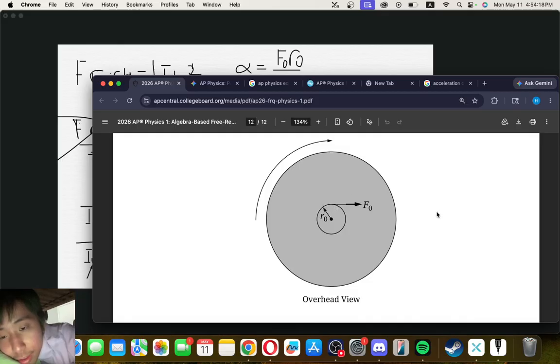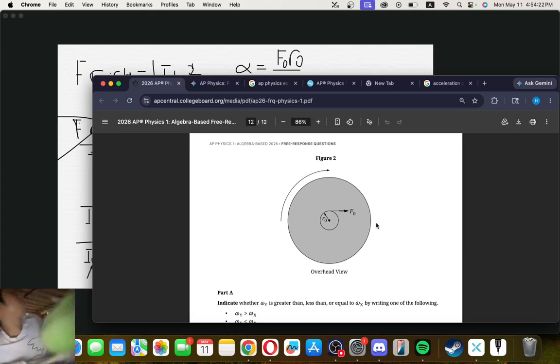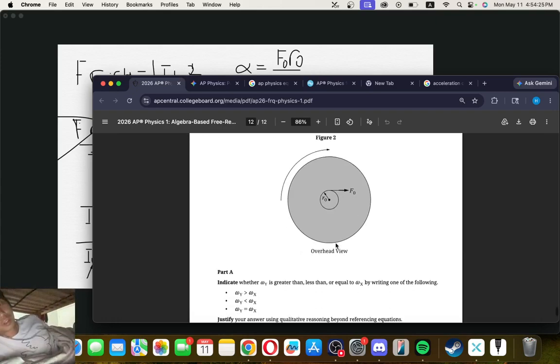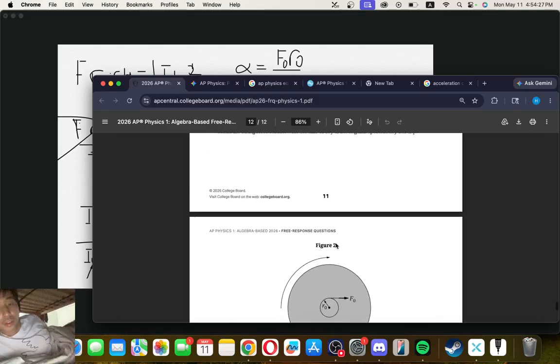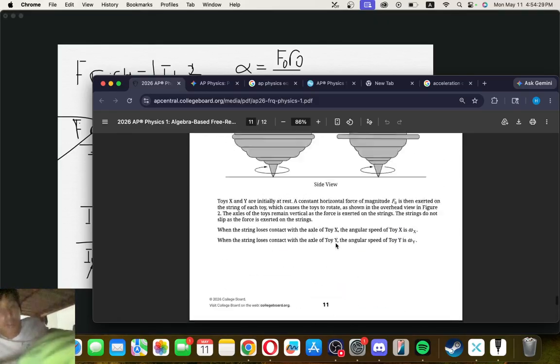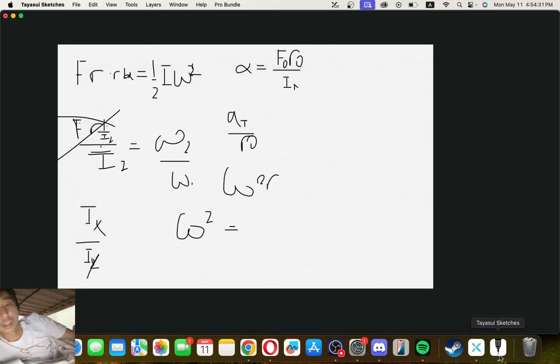So the axle is this, in which it is spinning. So yeah, there's an R_O. I seriously don't get how to get rid of that R_O.